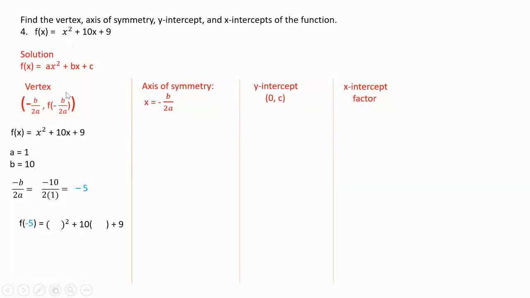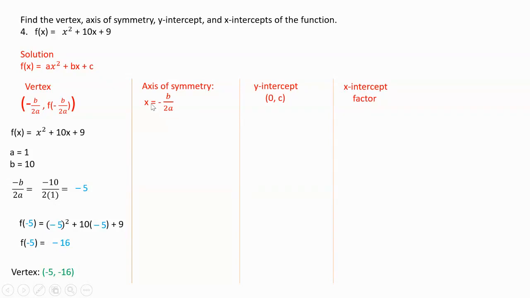We plug that into the x squared plus 10x. We're going to plug in the negative 5 for the x's. If we evaluate here, this will give us 25 minus 50 plus 9, which gives us negative 16. So my vertex will be negative 5, negative 16.